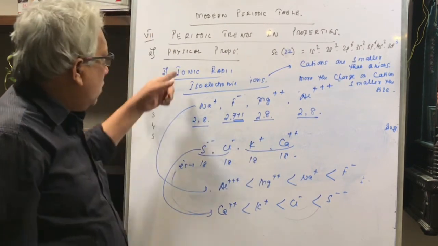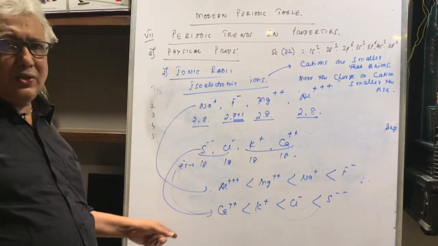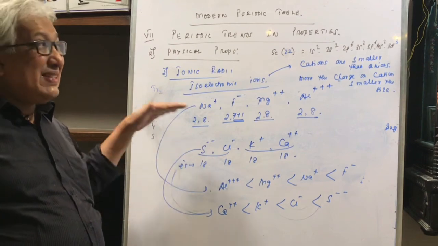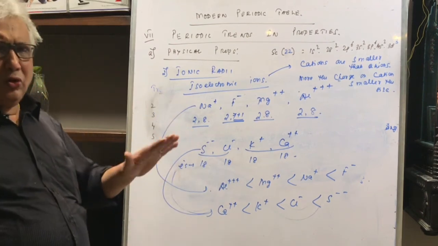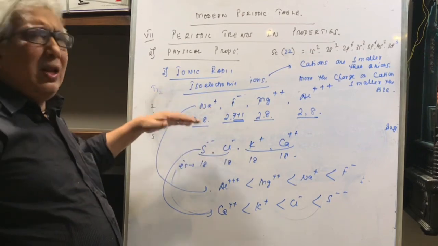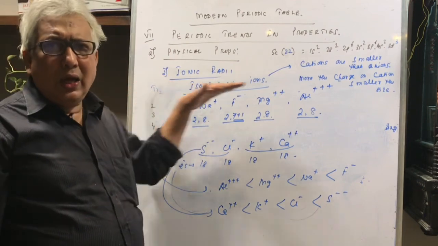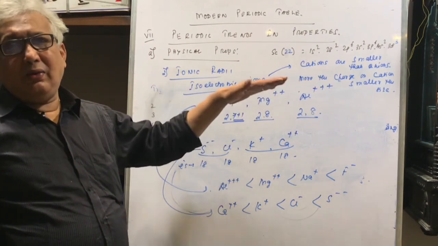So that is all about the ionic radii. And I remind you, as far as trend is concerned, it will be more or less the same, though we can't say exactly the same, because it depends what kind of ions they are forming. More or less they will follow the same pattern as in the atomic radius.